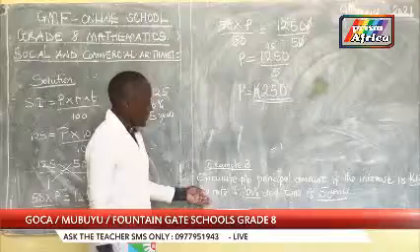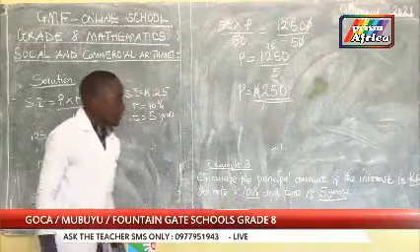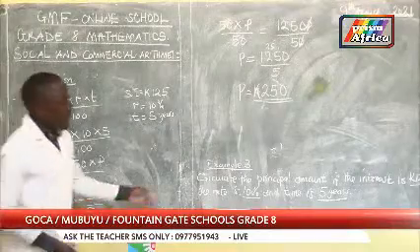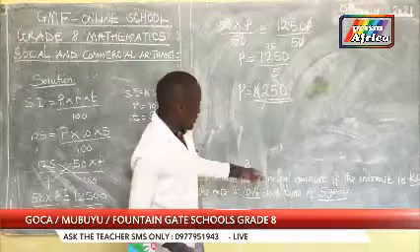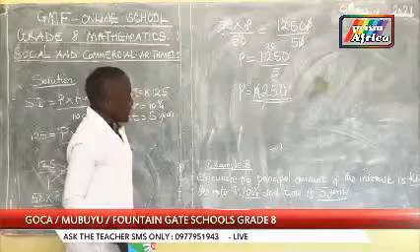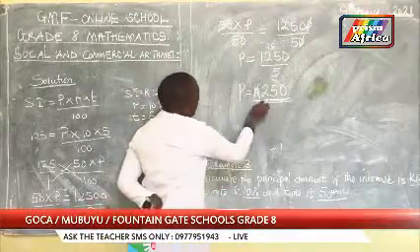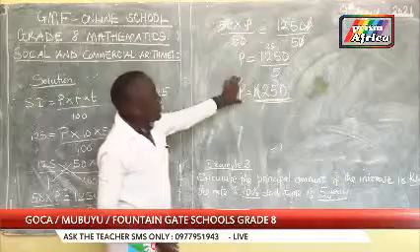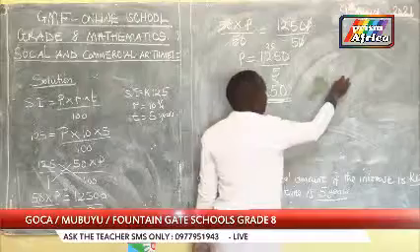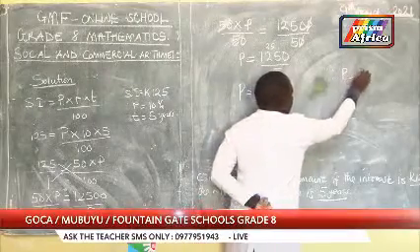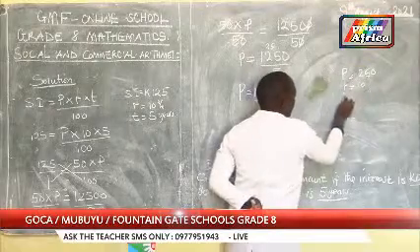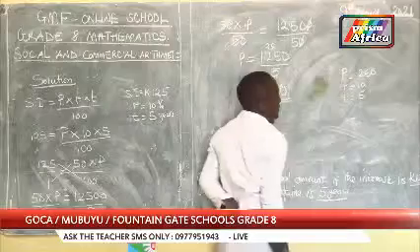125 and the rate is 10%, and also time is 5 years, the principal amount which was invested is 250 kwacha. So for this one, you can even prove that the principal amount is 250 kwacha. We just say the principal is 250, then the rate is 10, then time is 5 years.